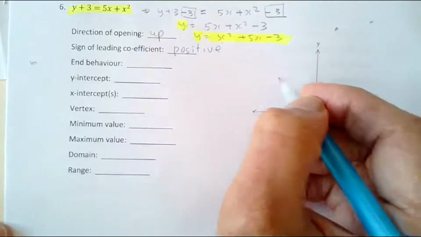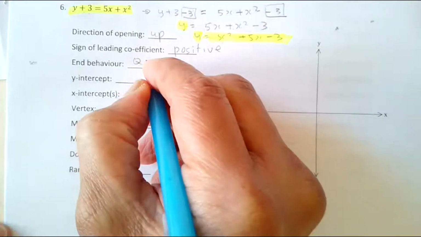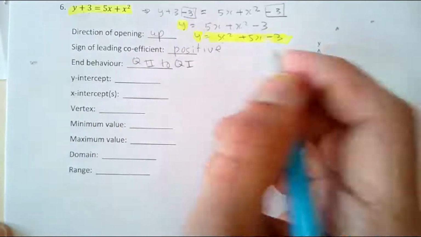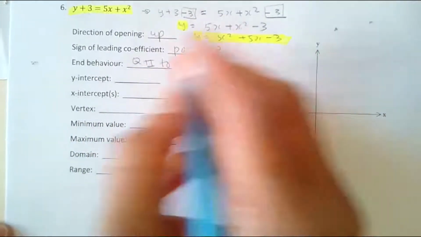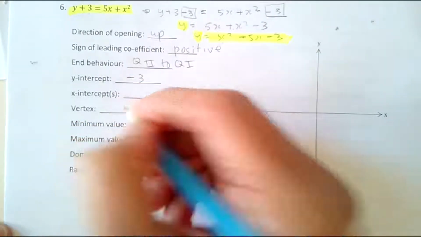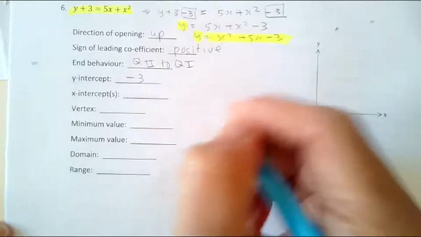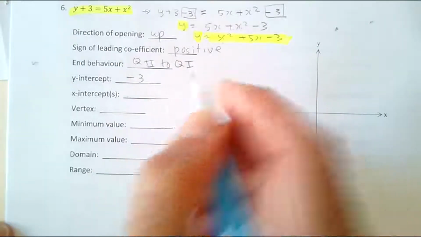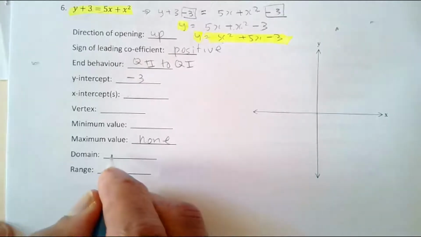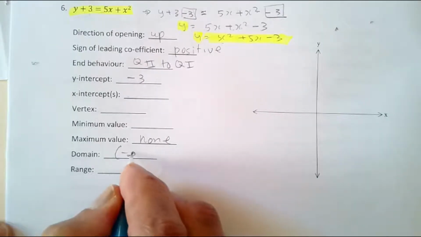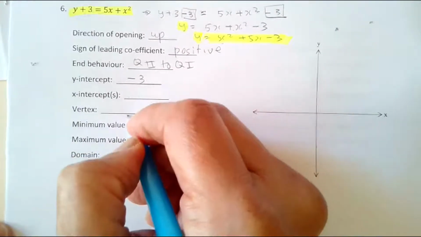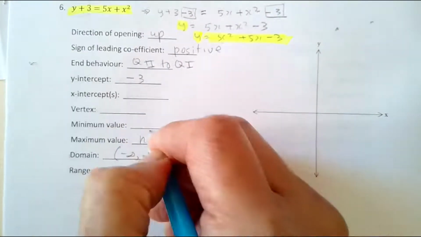The end behavior we know is from quadrant 2 to quadrant 1. The y-intercept, you can tell here, is -3. X-intercept you don't know, the vertex you don't know. Now, since it's going up, we know there is no maximum value. And the domain is from -infinity to infinity. The range, we need to find a vertex for that, and that will give us our minimum value.